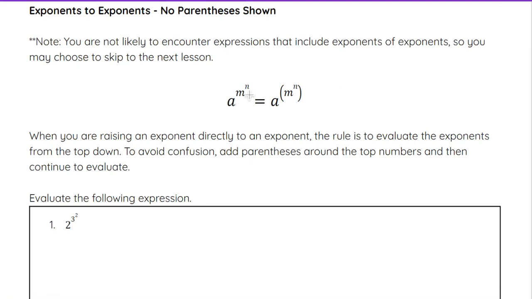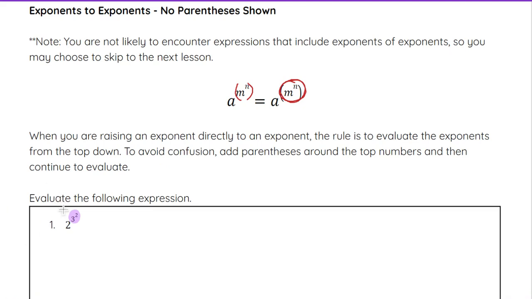So when you are raising an exponent directly to an exponent, you are actually going to imply that the parentheses are around the exponents up here first, and that's the portion you are going to do first. And then you will raise that base of a to whatever you get in this portion right here. So let me show you what I mean with this example here.